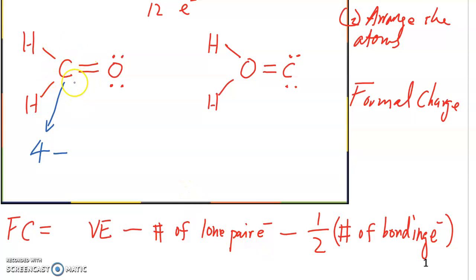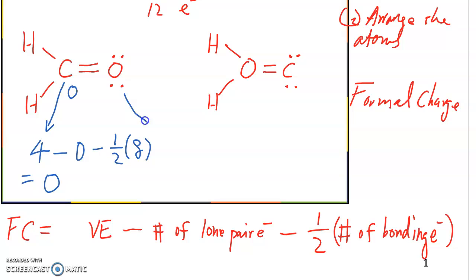There are no lone pair electrons surrounding this carbon, and therefore minus 0, and then minus half times the number of bonding electrons. There are 1, 2, 3, 4, 5, 6, 7, 8. There are 8 bonding electrons. So this way, I will have a formal charge equal to 4 minus 4, and that is 0. So the formal charge is 0 over here.